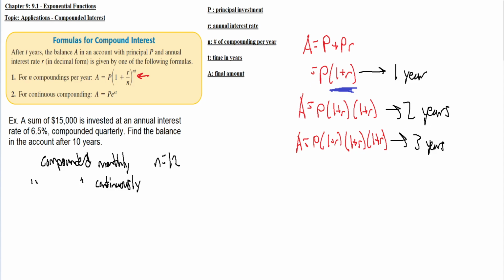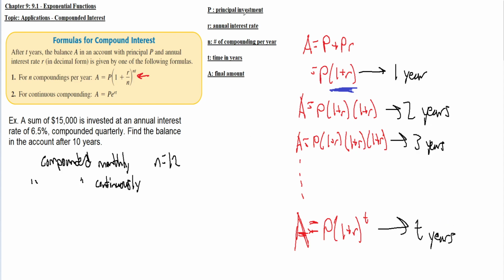If I continue on with this for some unknown amount of years, I'll have my final amount A equal to P times 1 plus R raised to the T power, and this is T years.